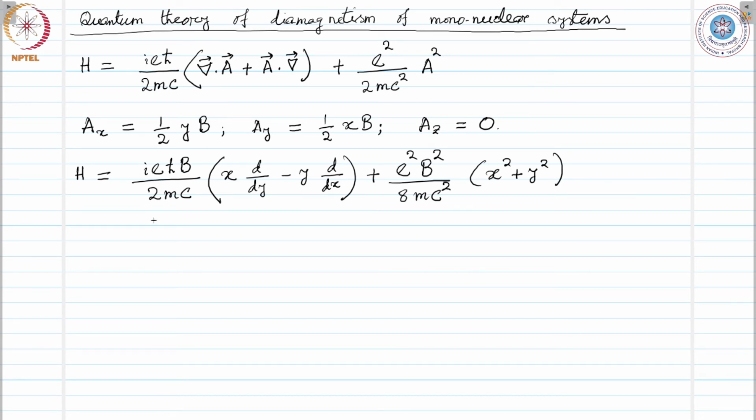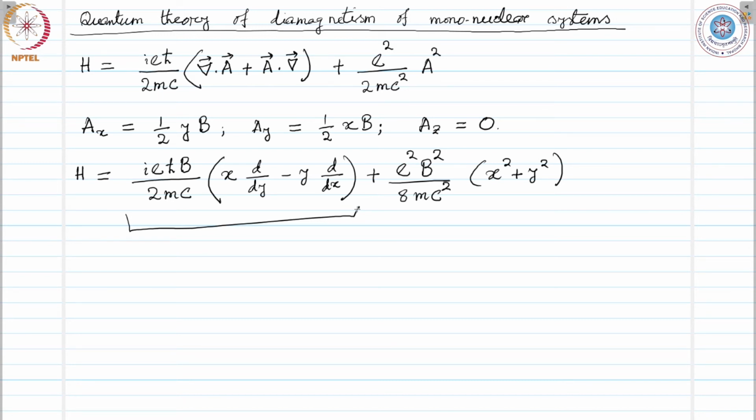Now, the first term here is proportional to the orbital angular momentum component Lz, if r is measured from the nucleus.